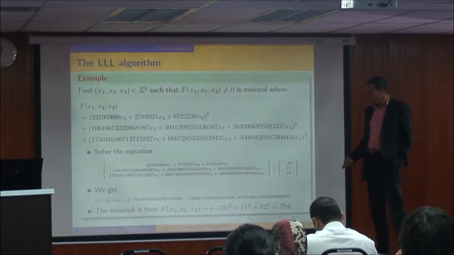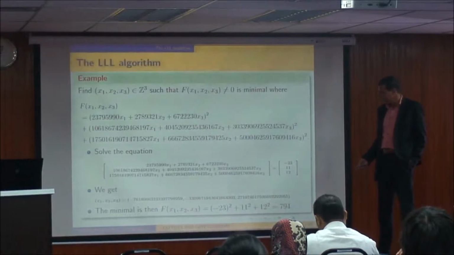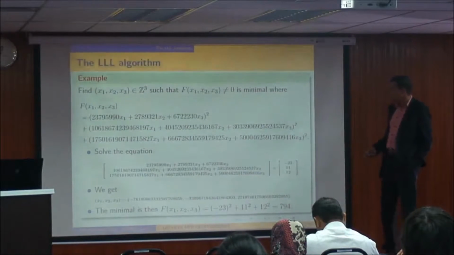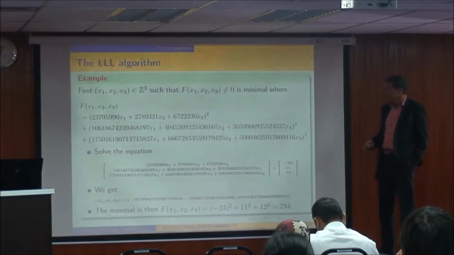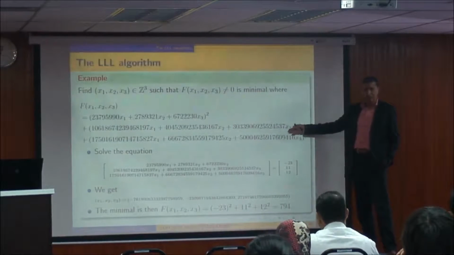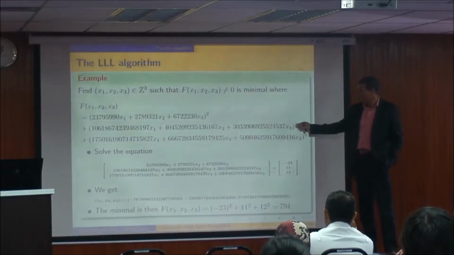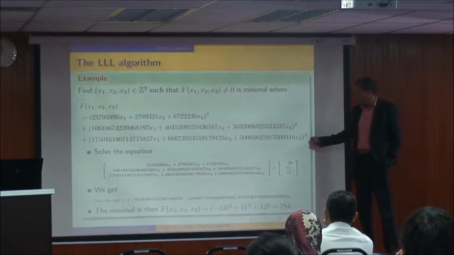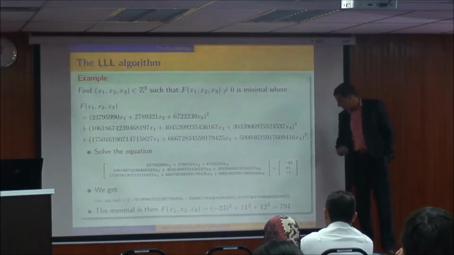Nevertheless, when we apply the function f with these very large numbers, we get a very small result, 7, 9, and 4, and this is the minimum value of this equation. So it is not very easy to solve directly, but by applying the LLL algorithm, we can transform the problem into basis vectors, and find that the minimal value of this function is this number.